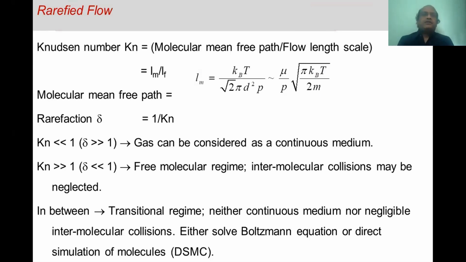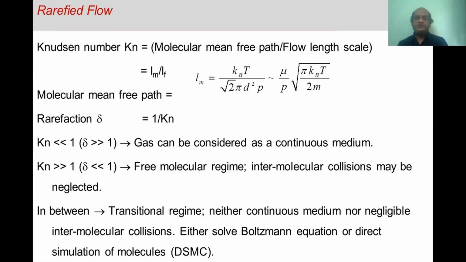So if Knudsen number is much more than 1, then it is called a free molecular regime. Here, the intermolecular collisions cannot be neglected. Normally, this occurs in outer space.